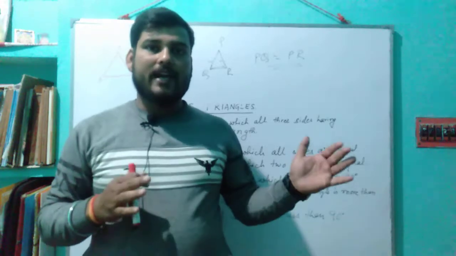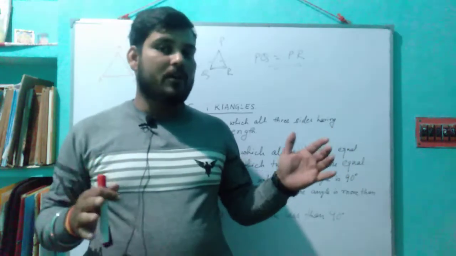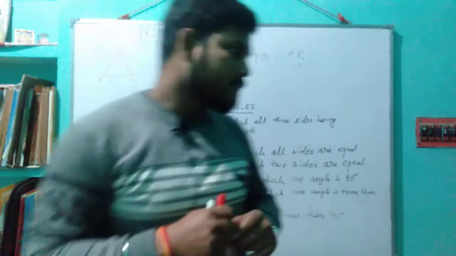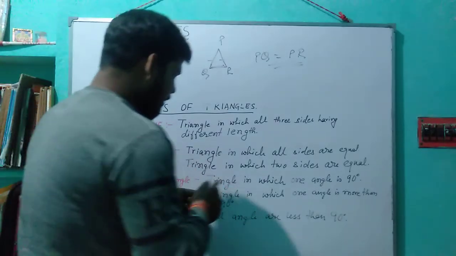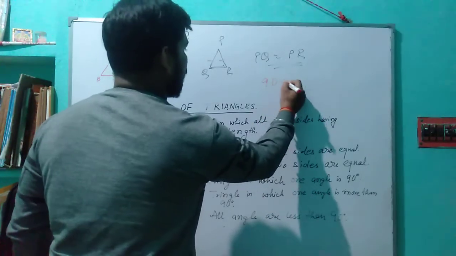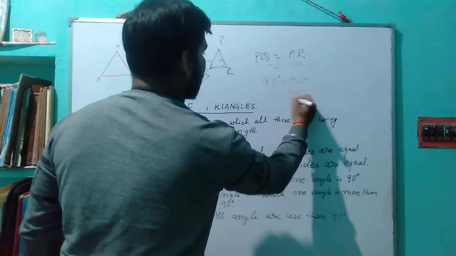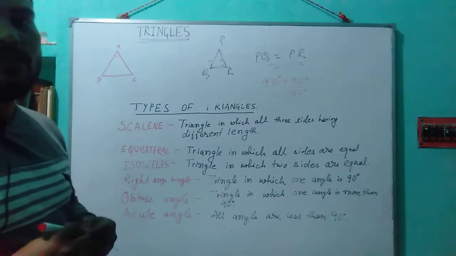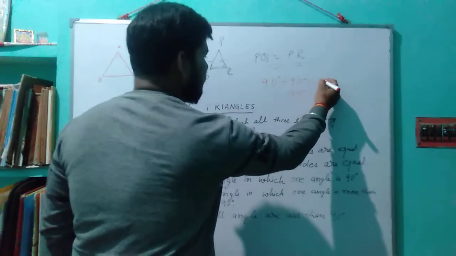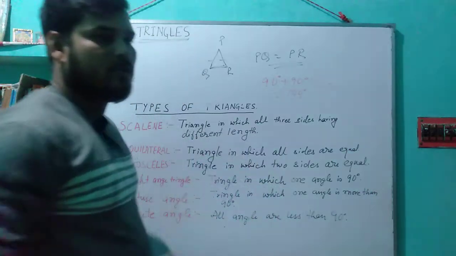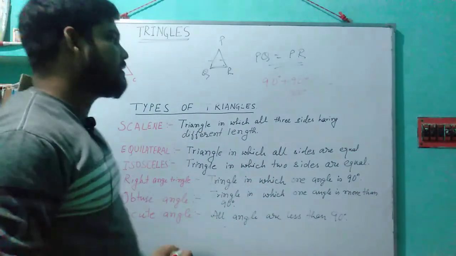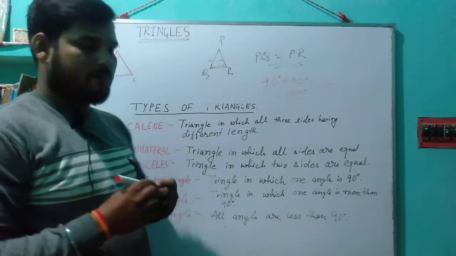Two angles in a triangle may not be of 90 degrees, because 90 plus 90 will be 180, so that cannot be possible. It means the third angle would be 0. That's why two angles may not be of 90 degrees.